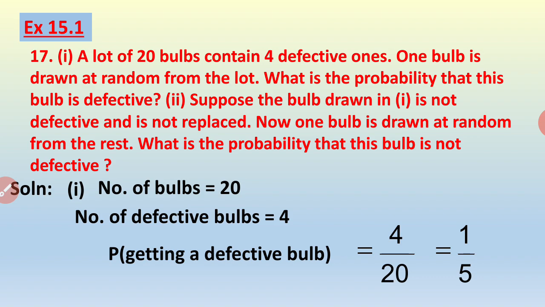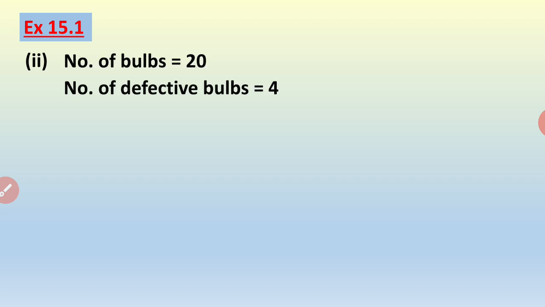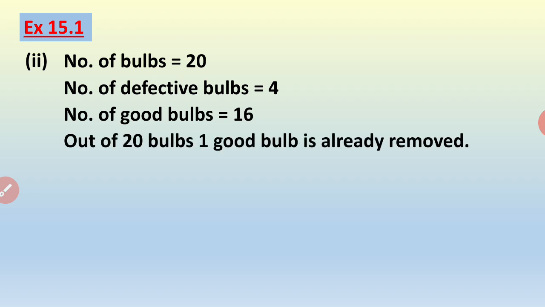What is the probability that the bulb is not defective? Here, as told, number of bulbs is 20 and number of defective bulbs is 4. So number of good bulbs is 16. But one good bulb is already removed. So now the number of good bulbs is 15.